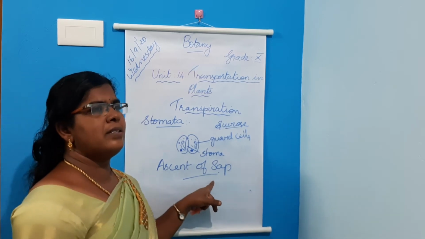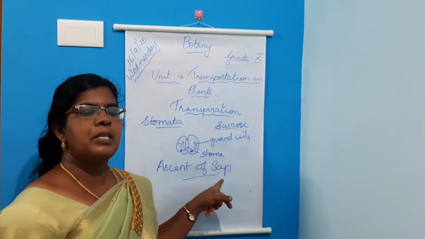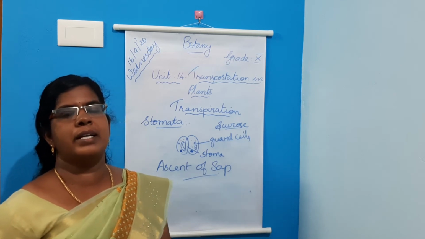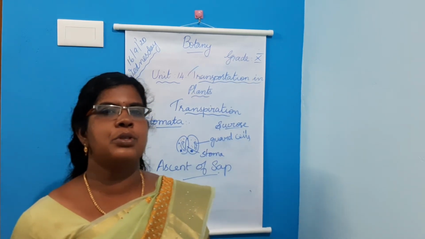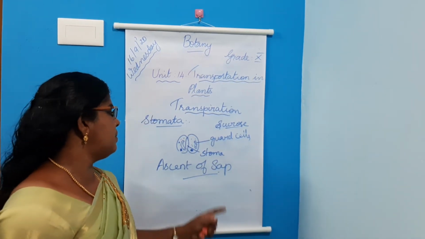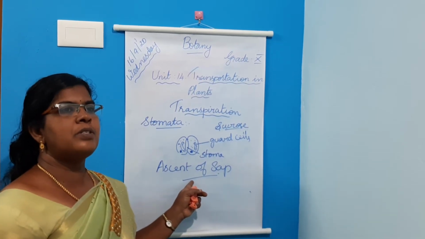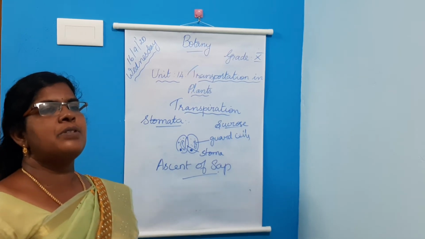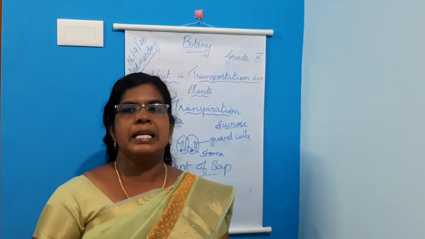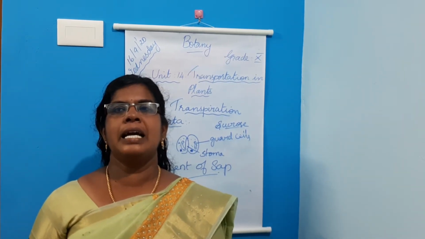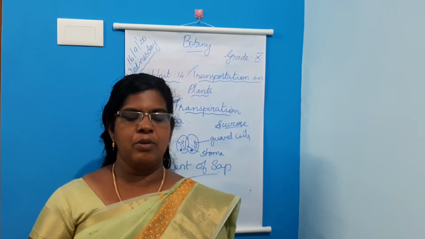Listen, what is ascent of sap? This upward movement of water and minerals from root to different parts of the plant body is ascent of sap. Several factors are responsible for ascent of sap. First one is root pressure. Next is cohesion and adhesion of water molecules.